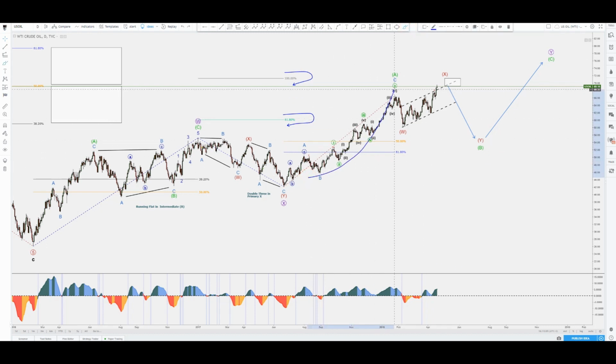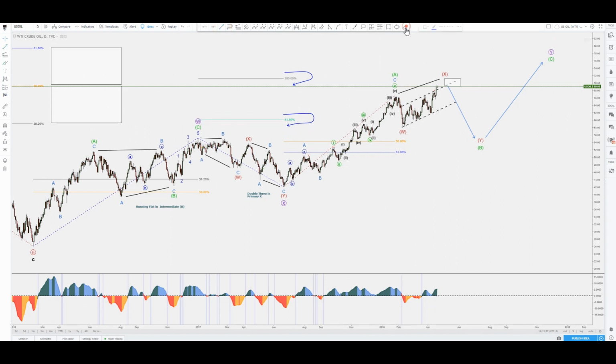It enjoyed a parabolic move. Now, the way I'm seeing the actual corrective structure possibly developing, obviously the focus is on the 100% right there on the upside because we're very, very close to it. And I'm going to zoom in to the 4-hour chart so you can expand it.